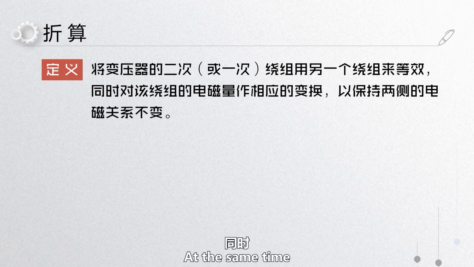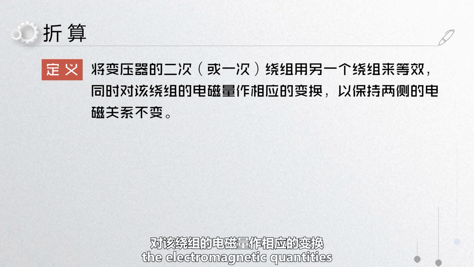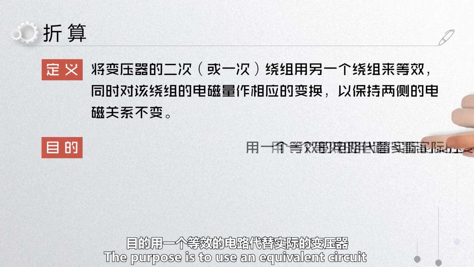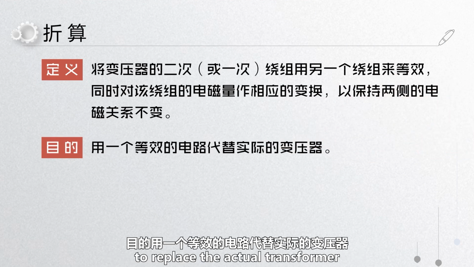At the same time, the electromagnetic quantities of the winding are transformed accordingly to maintain the unchanged electromagnetic relationship on both sides. The purpose is to use an equivalent circuit to replace the actual transformer.